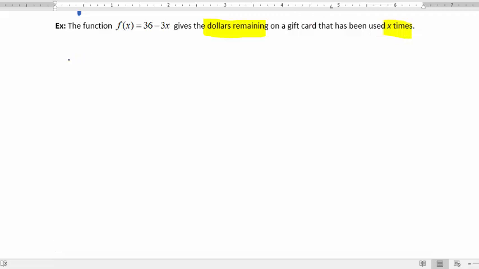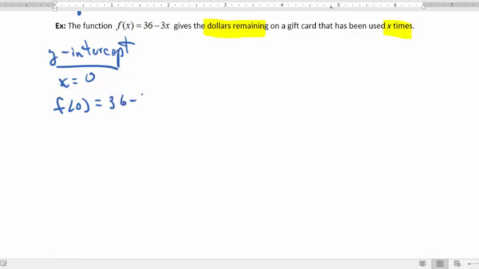So like in this case, again, y-intercept, x equals 0. So we're really finding f of 0, like you may remember from the function notation, but remember f of x is really y. So f of 0 equals 36 minus 3 times 0.